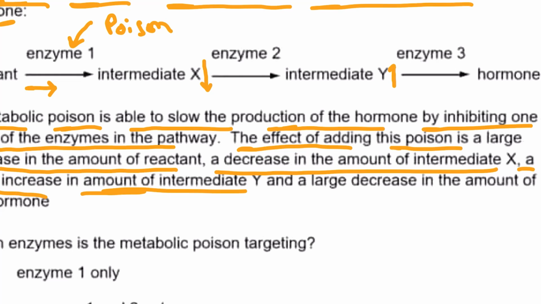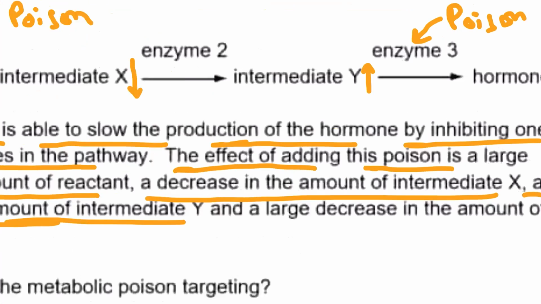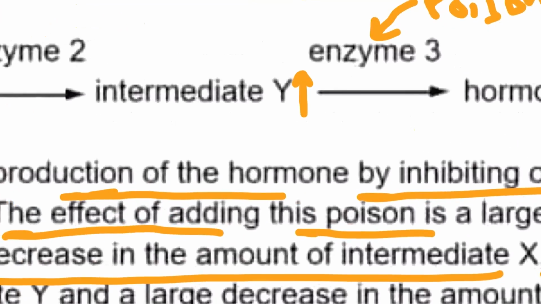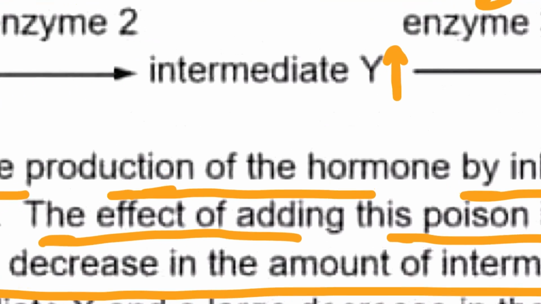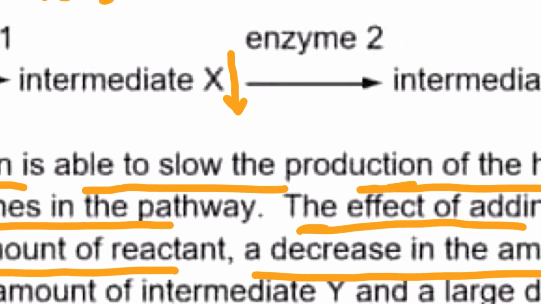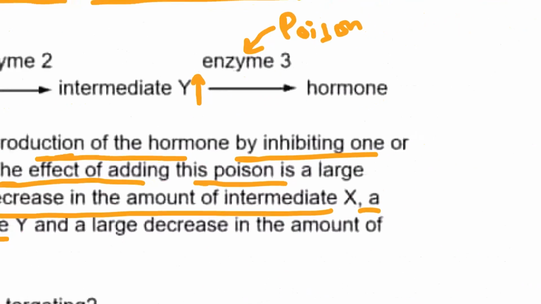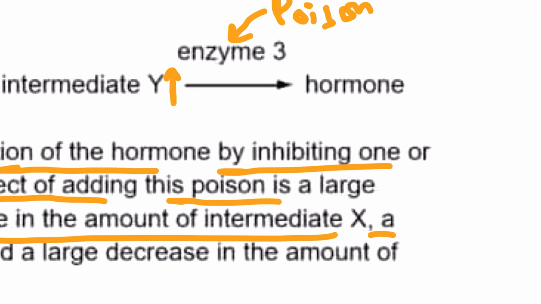What could be the reason for this? The poison also blocks enzyme 3. That's why intermediate Y is rising. Normally, if the enzyme 3 was not blocked, the intermediate Y should also decrease because less intermediate X is converted to intermediate Y. But intermediate Y is rising. That's because enzyme 3 is also blocked by the poison. So the rate of this reaction is slow.